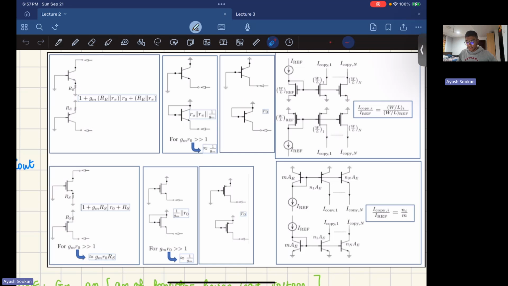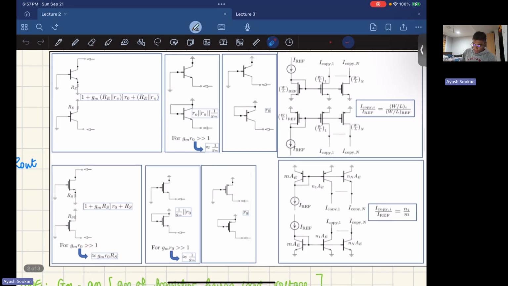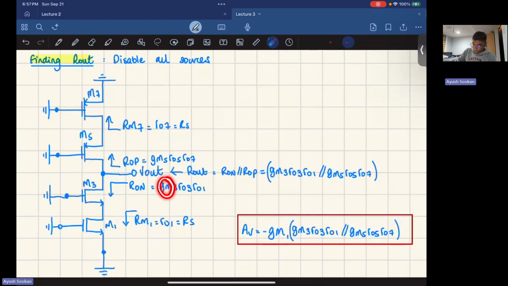It's just equivalences in the electrical configurations. So I'm going to use this equation. It's going to be gm1 ro1. No, actually, not gm1. It's going to be gm3 ro3 ro1. Why gm3 ro3? That's because it's associated with this transistor, and ro1 is RS from this one. So this is my RON.